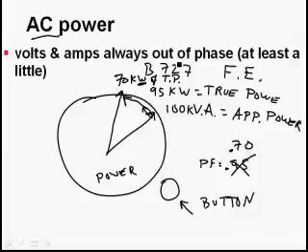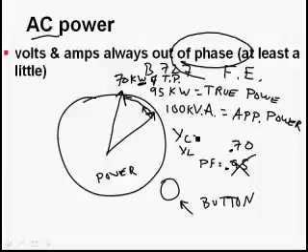Well, if a phase shift gets messed up, or it gets worse because of frequency, you'll notice that frequency is also related to XC and XL, and both of them are affected by frequency.